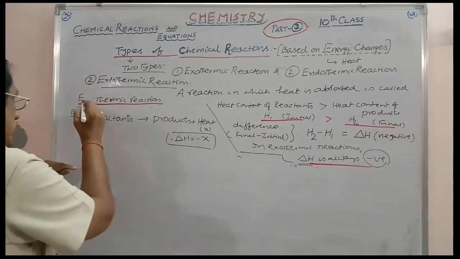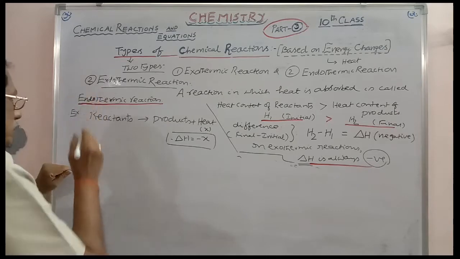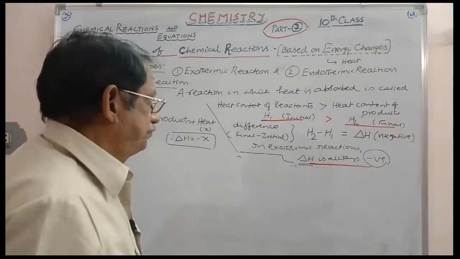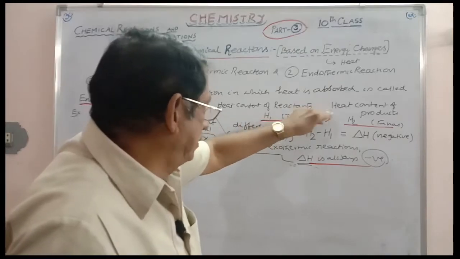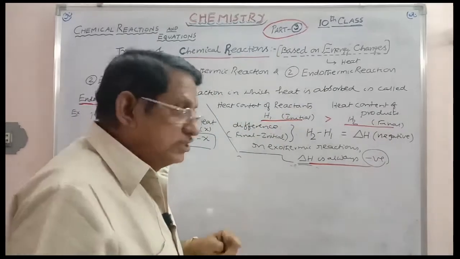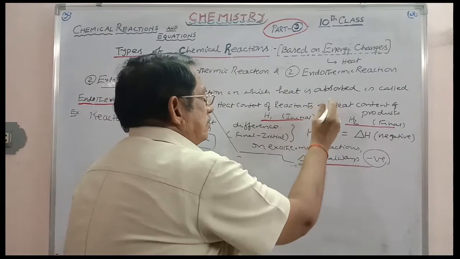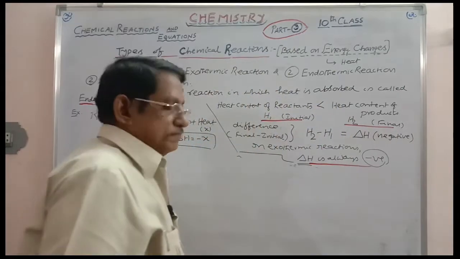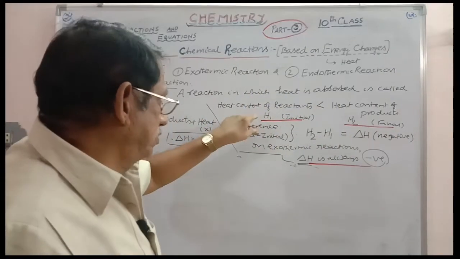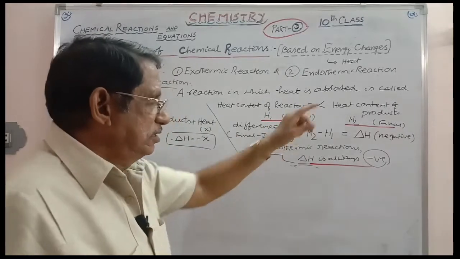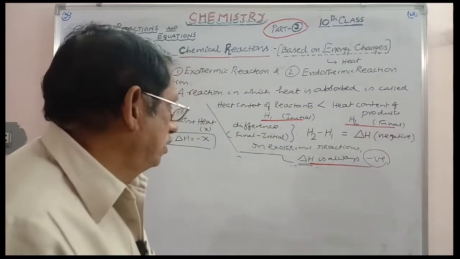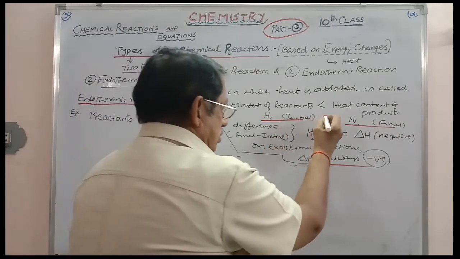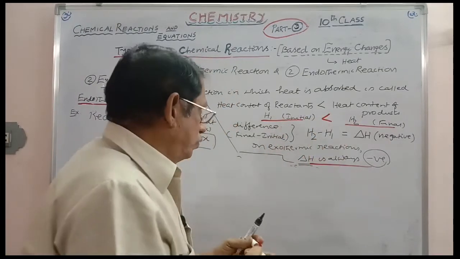Here you have to write endo. That is endothermic reaction. And here, if you observe carefully, heat content of reactants is less than heat content of products. Let H1 be the heat content of the reactants, H2 be the heat content of the products, and thereby H1 associated is always less than H2.